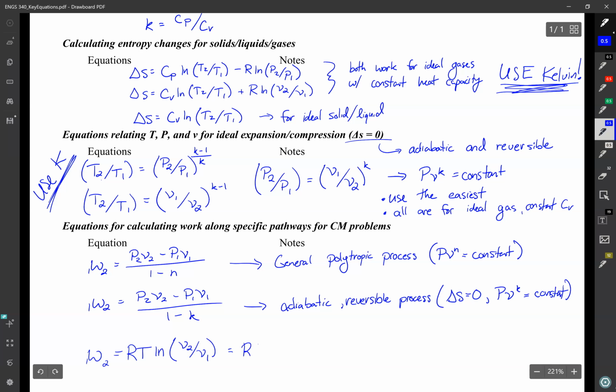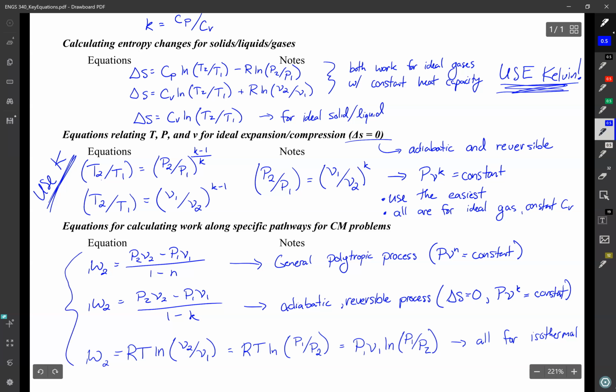Equals RT times the natural log of P1 over P2, which equals P1 V1 times the natural log of P1 over P2. So these are all for isothermal.